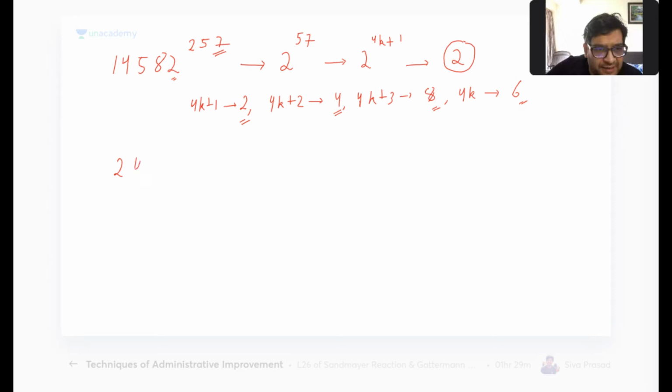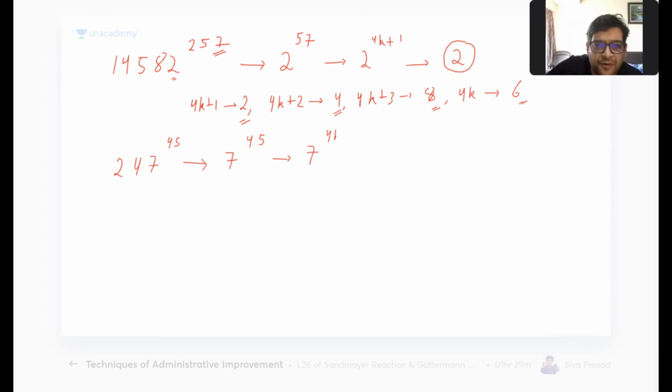247 to the power of 45. Okay, let's try that. First of all, the only thing that matters in the base is the last digit. The only thing that matters in the power is the last two digits of the power, 45. So this is of the format of 7 to the power 45.